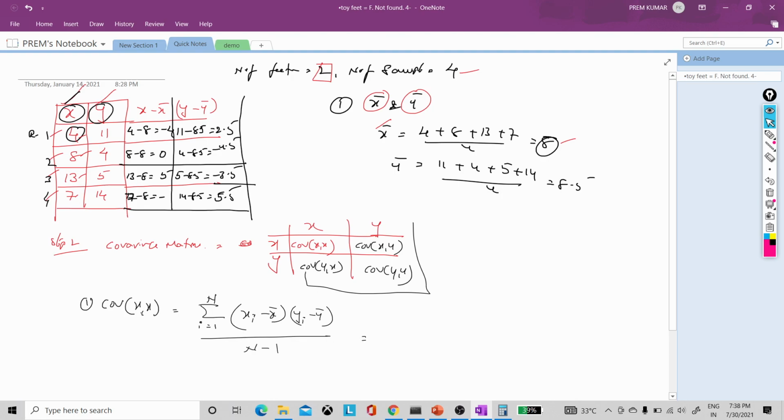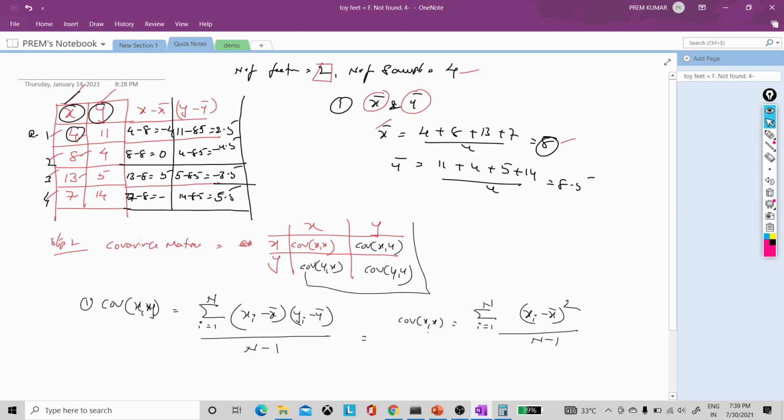This is the formula for the covariance of x and y. If it is the covariance of x comma x, it means sigma i equals 1 to n, (xi minus x bar) whole square, divided by n minus 1.